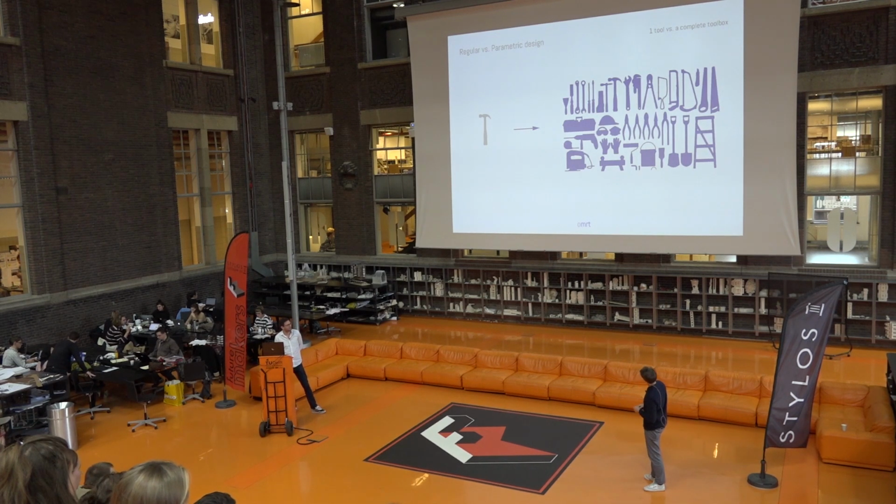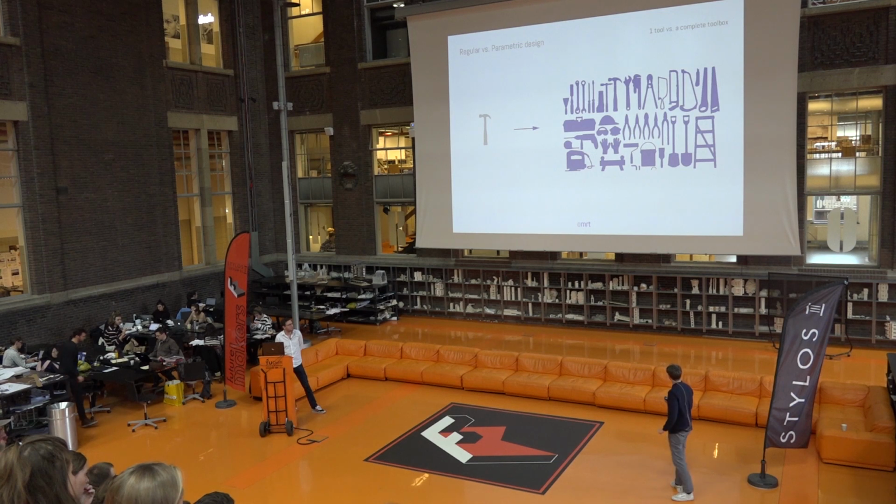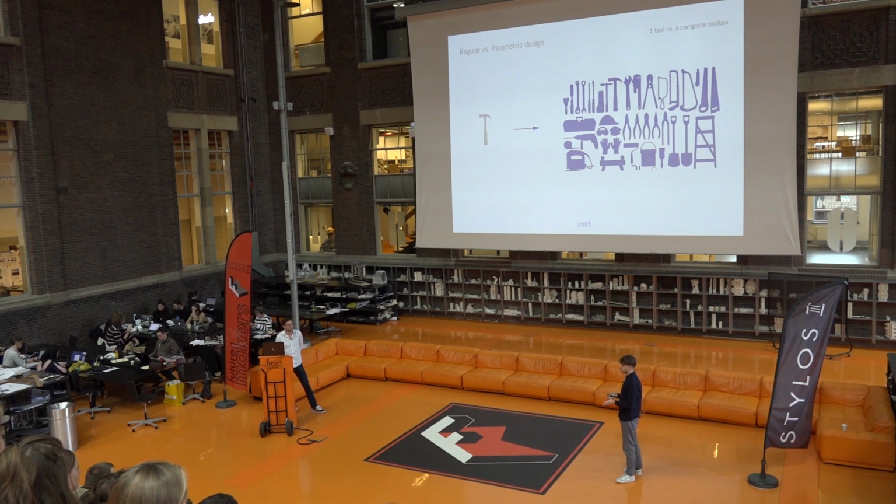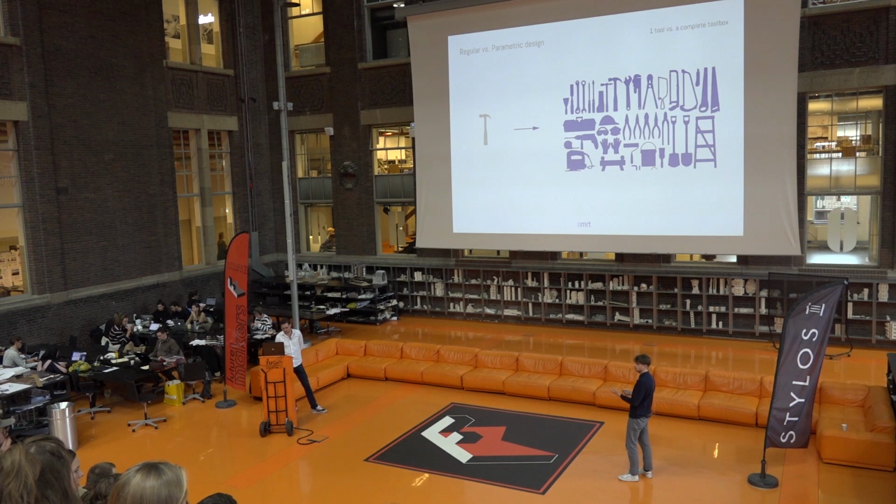Well, the difference is that with a regular design, it goes linear, and you have just one tool. If you use a computer very smartly, then you have a lot of tools, and you can put a lot of knowledge that you don't know by heart, or you need a lot of people for, in an algorithm that tells you what happens, or that tells you if your design is going the right way or not.